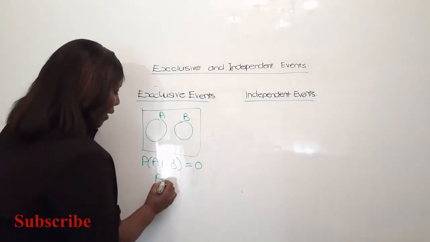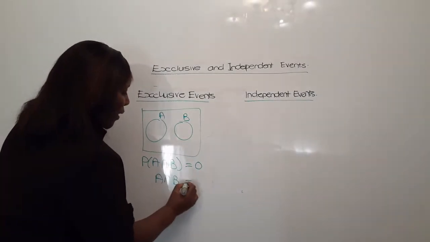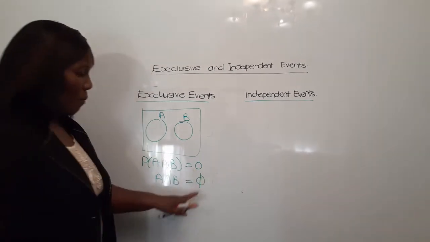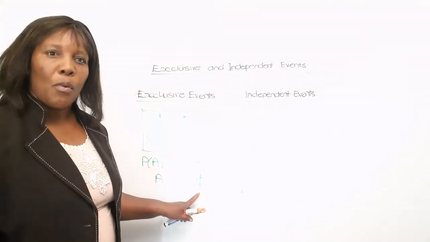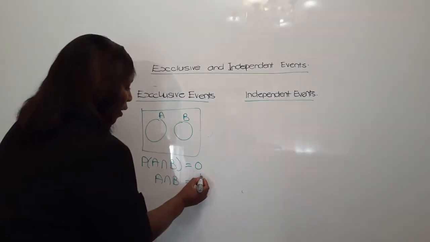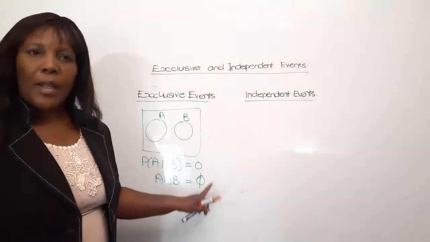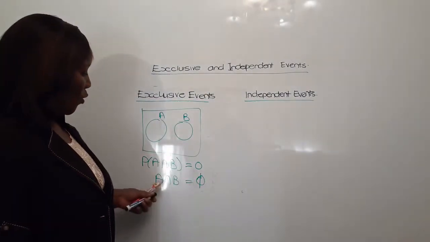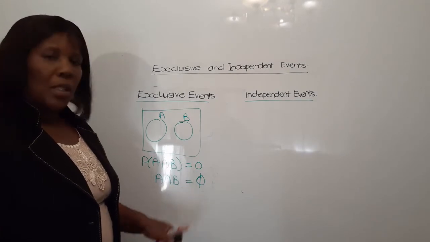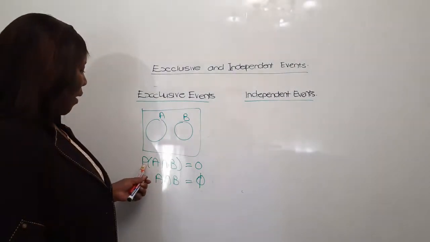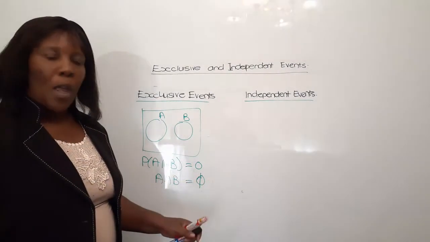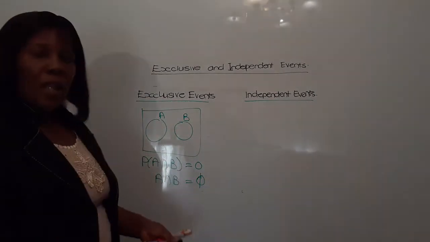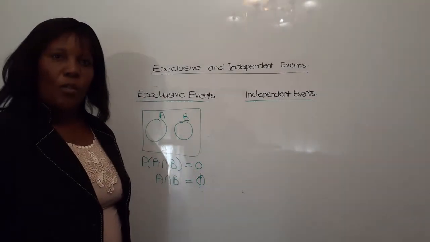So A intersecting B is an empty set, and you remember that this is the symbol for empty set. You've got an O and a cross coming across. So A intersecting B is an empty set, therefore the intersection is 0. And when this happens, these events are mutually exclusive.